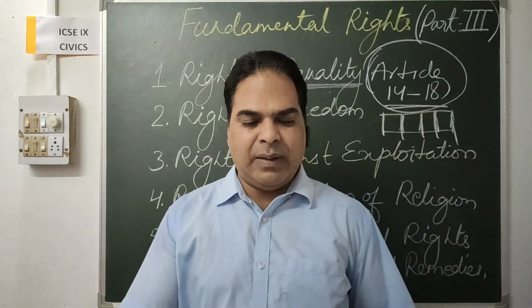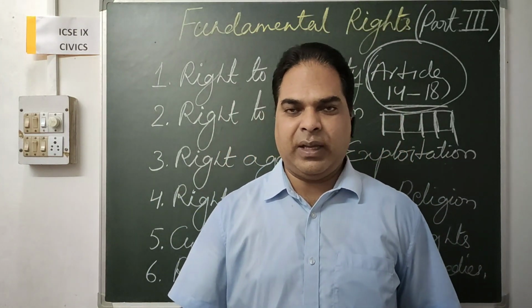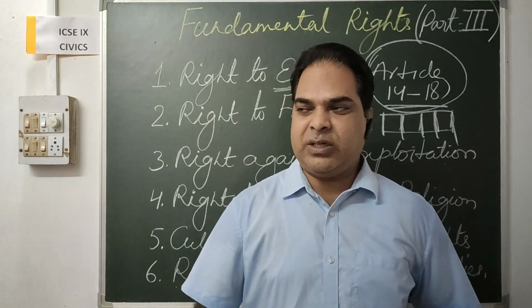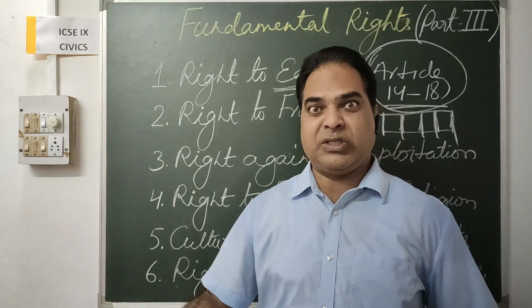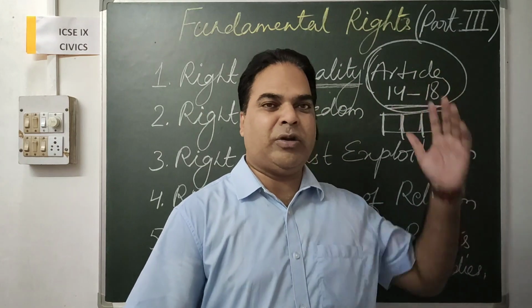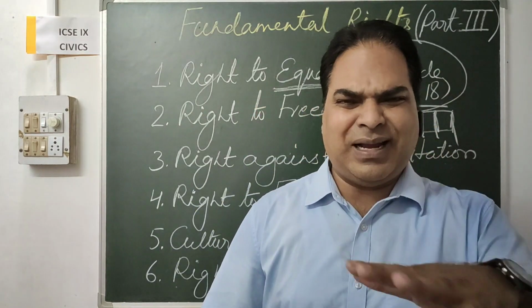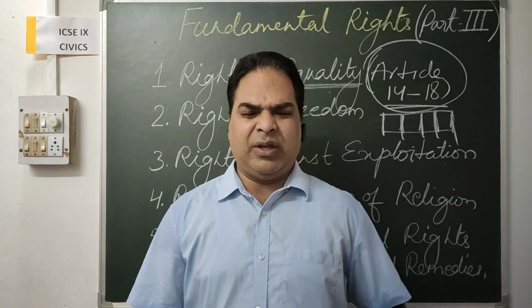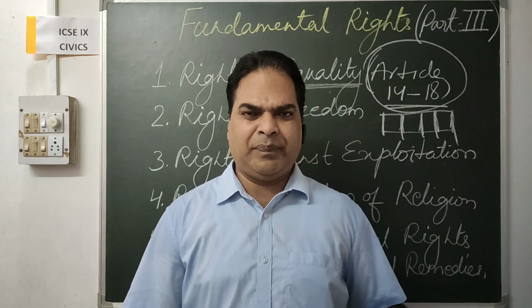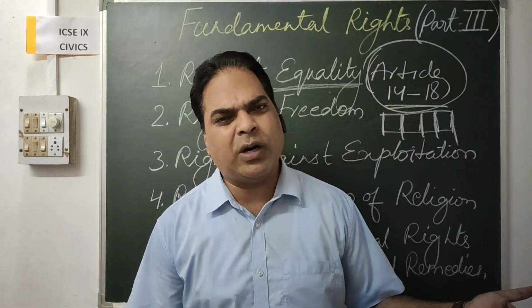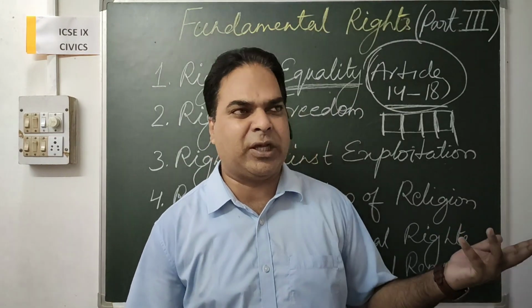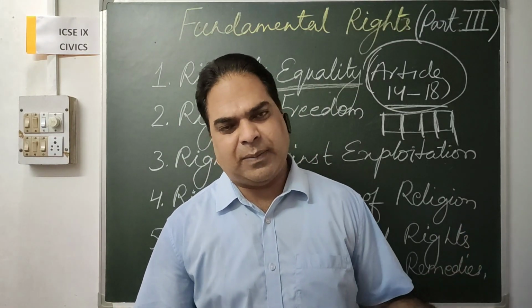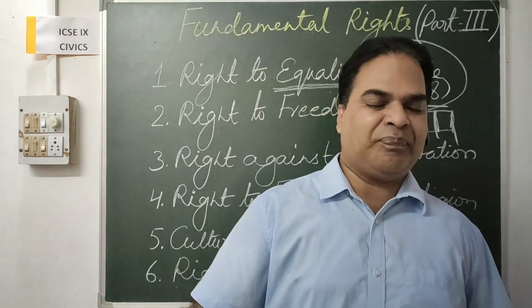So academic distinction can be made. In schools and colleges, you see, he became first, he's a brilliant child, he's an excellent boy, he topped the university, he topped the college and all. That is okay. That is not discriminating you. It is on the basis of merit. He worked hard, so he stood first in the college or first in the university. That is something different, so that can be done.